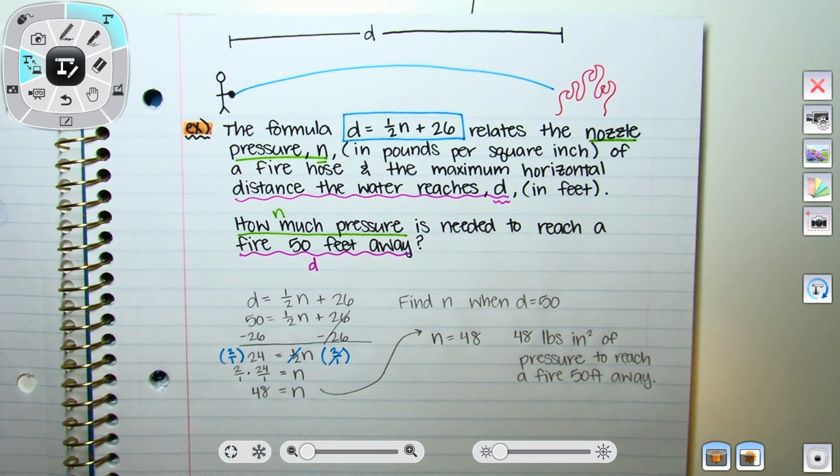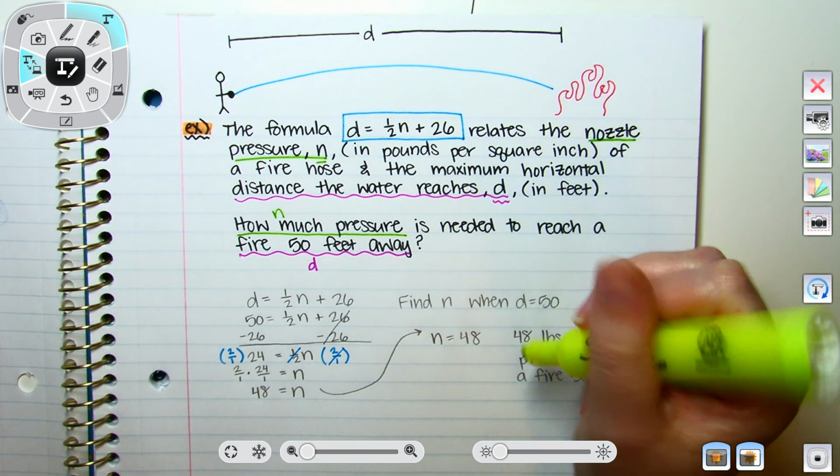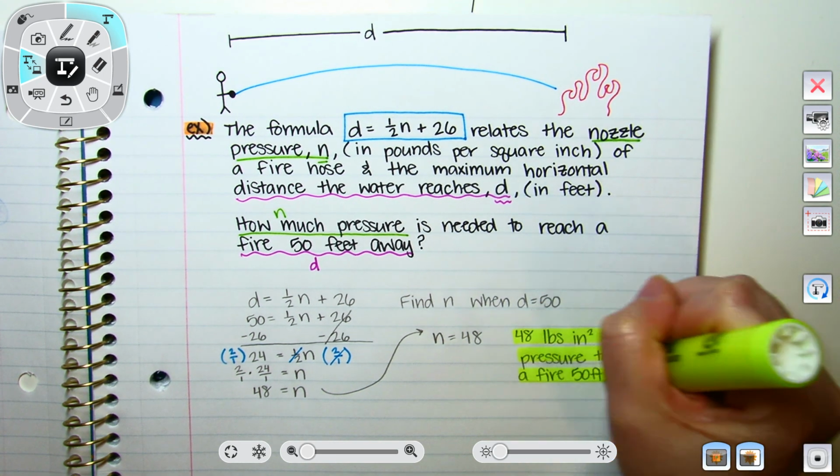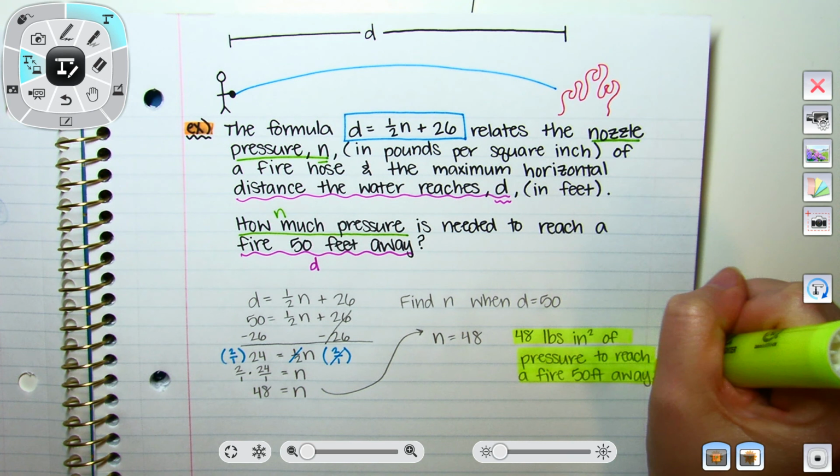And that's my final answer. We can put a box around it, we can circle it, I'm going to highlight it. That is our final answer.